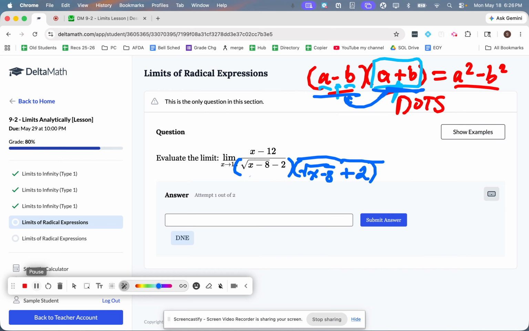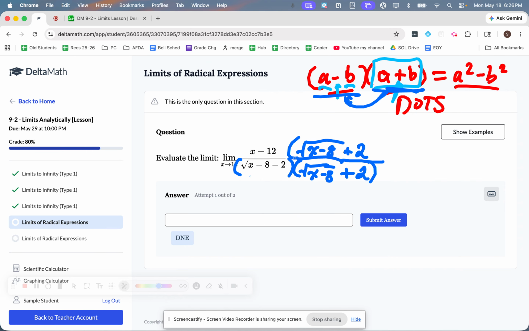If I'm multiplying an expression by 1, then I'm not changing the value of that expression, which is what you want. So I'm going to be multiplying the top by the same thing, same over same.